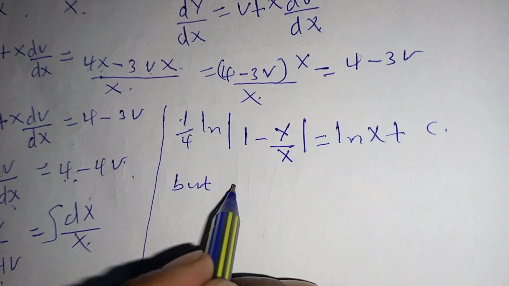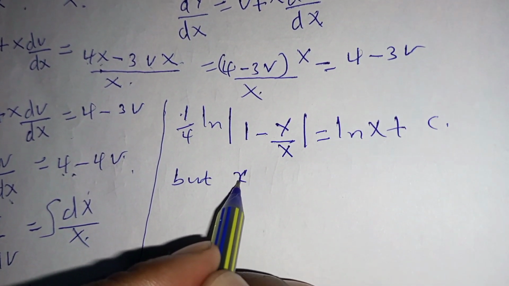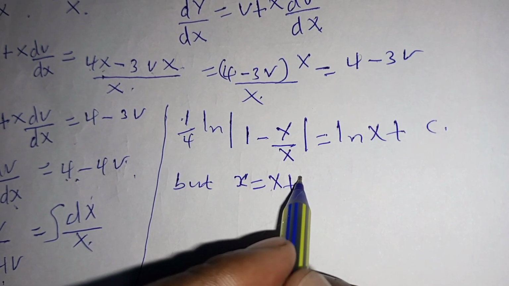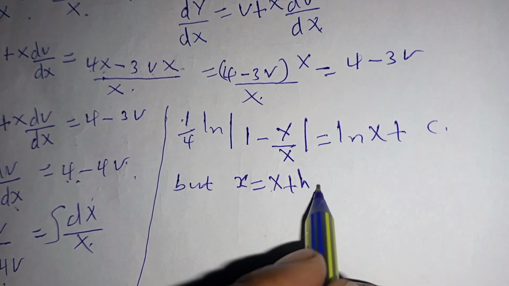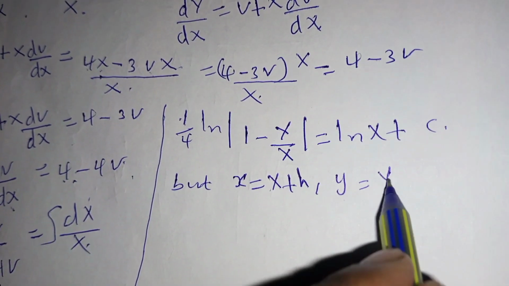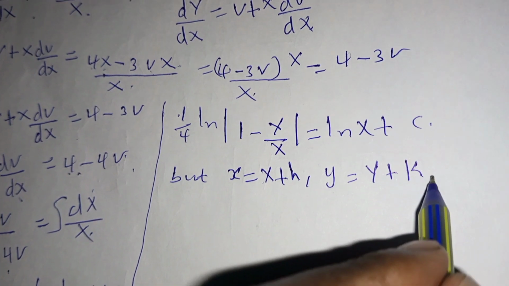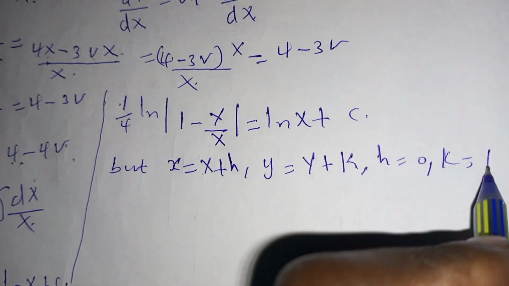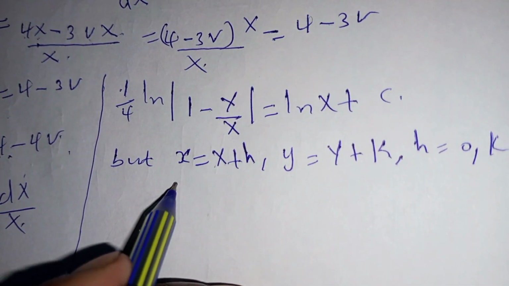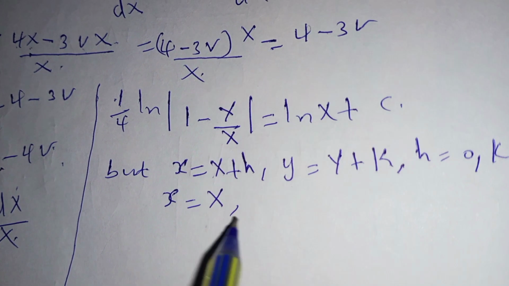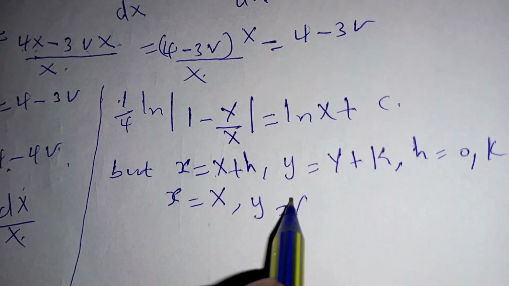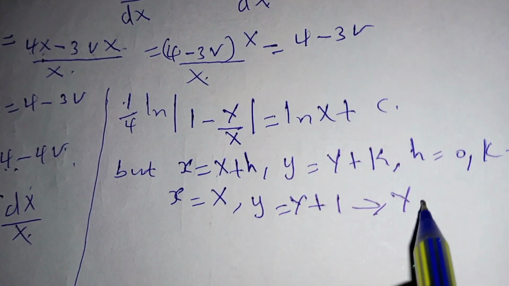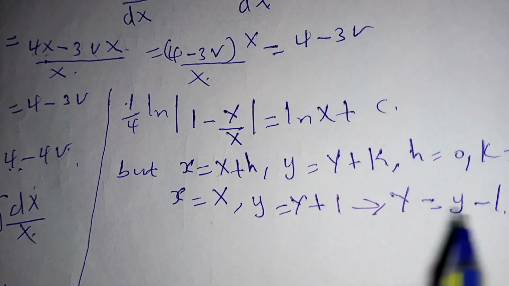But remember, we had let our x be equal to X plus h, then our y is equal to capital Y plus k. And we have found our h is equal to 0, our k is equal to 1. So from here, we find that x is equal to capital X, and our y is equal to capital Y plus 1, meaning that our capital Y is equal to y minus 1.